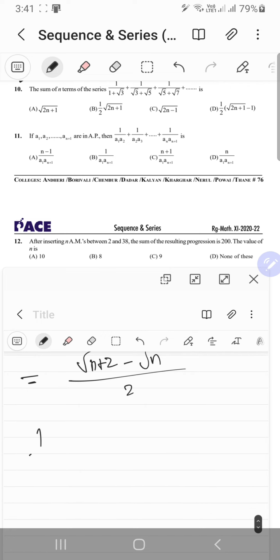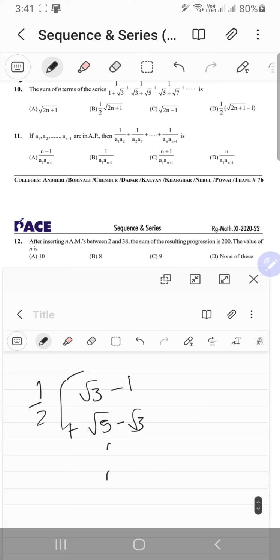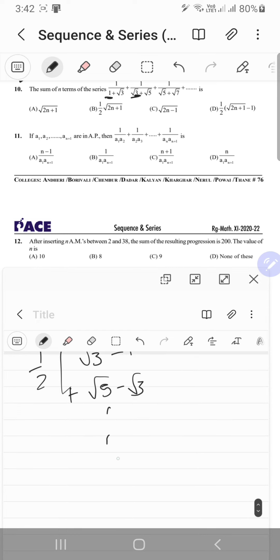So yeah, it's going to be half of square root 3 minus 1 plus square root 5 minus square root 3 all the way till n terms. So 1 is 2 into 1 minus 1, 3 is 2 into 2 minus 1, and so on. So for the nth term, this will be square root of the smaller number, that is 2n minus 1, I think, and the bigger number will be 2n plus 1.